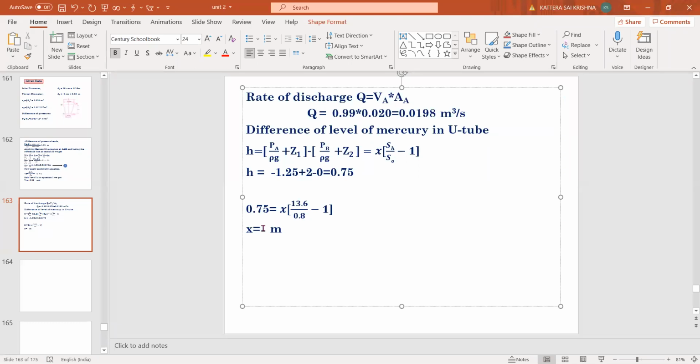From this you can find X equal to 0.0468 meter, which you can write in centimeter also: X equal to 4.68 centimeter.